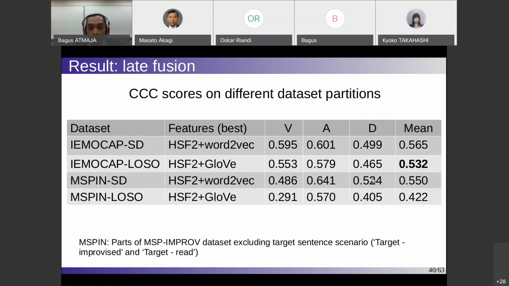For example, in the previous early fusion, the highest result was 0.50, but now we obtain 0.5 through here. We also improve the prediction of valence, so now it is better than dominance. But in the last case, MSP-IMPROV speaker independent, we still obtain a low score on valence. We assume that in this case there is still an effect of the target sentence, although we already removed it.